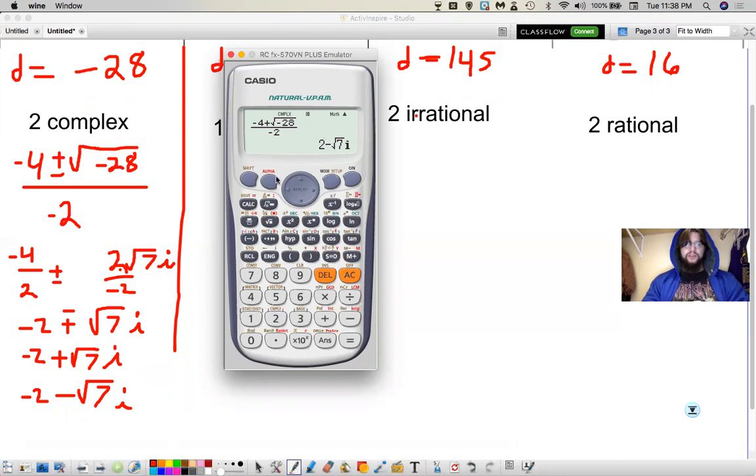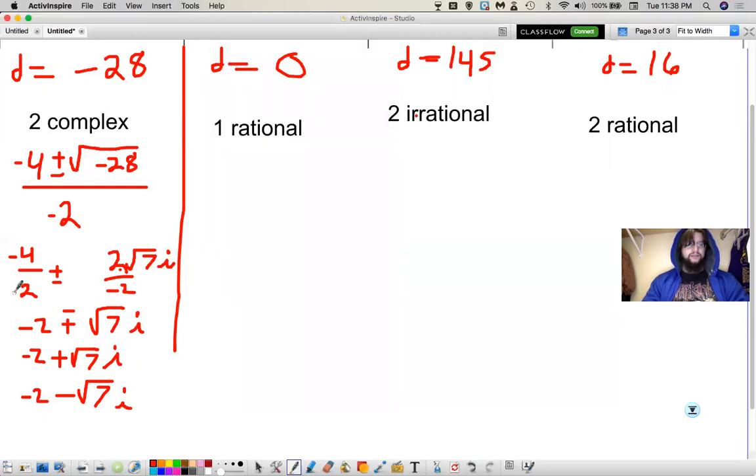Take one of your answers, change the plus to the minus. That'll give you your other answer. So you got the negative 2. Oh, I dropped off my negative right here when I check. That's going to make all of those positive. Sorry about that.